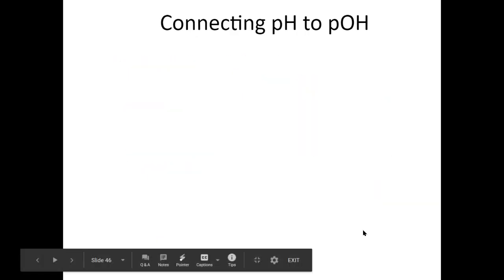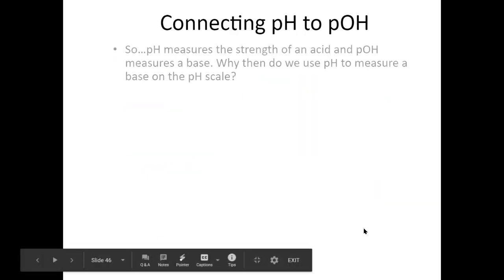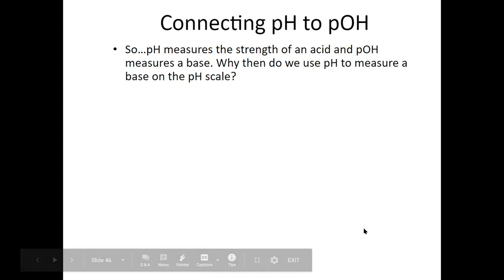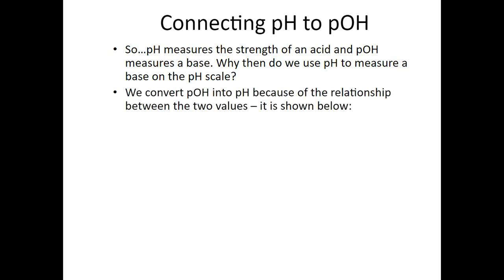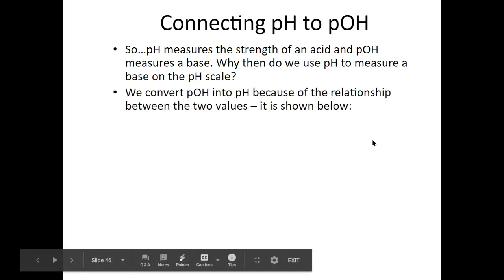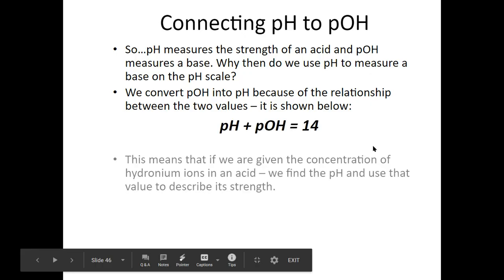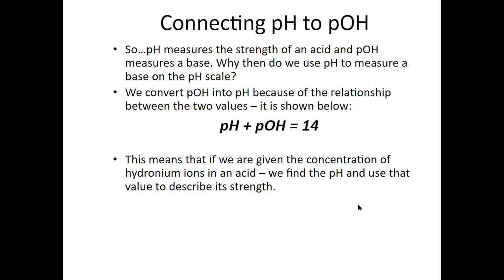Okay, now connecting pH to pOH. pH measures the strength of an acid and pOH measures a base. So why then do we use pH to measure a base on the pH scale? Well, we convert pOH into pH because the relationship between the two values is shown here: pH plus pOH equals 14. This means that if we're given the concentration of hydronium ions in an acid, we can find the pH and use that value to describe its strength.